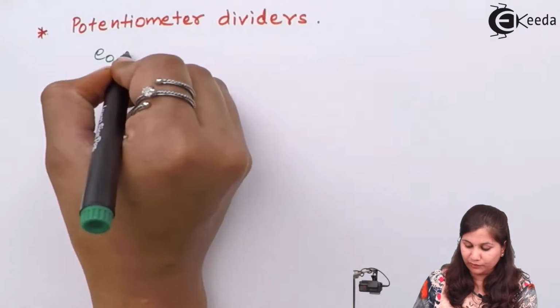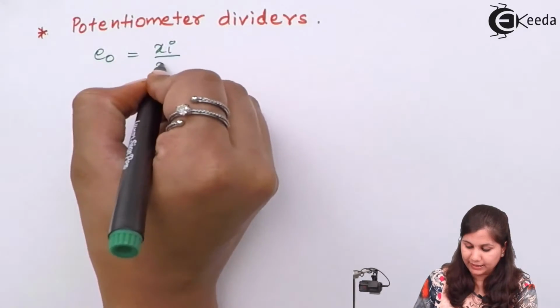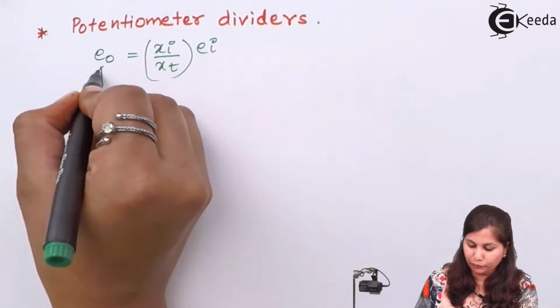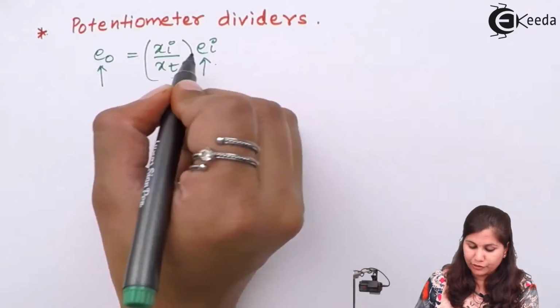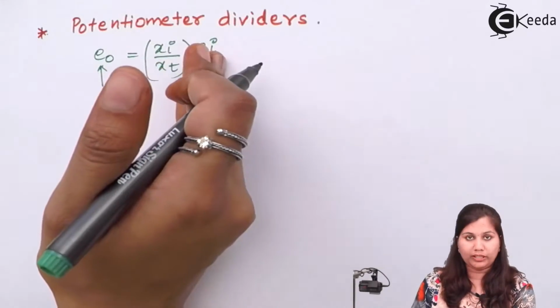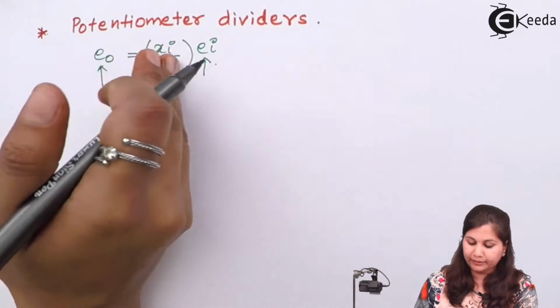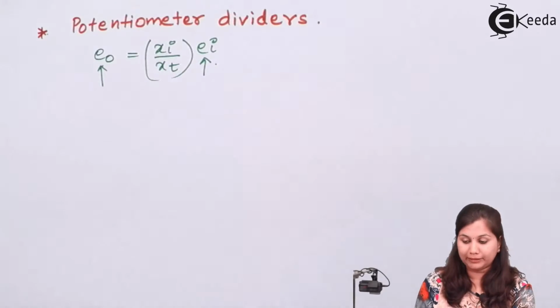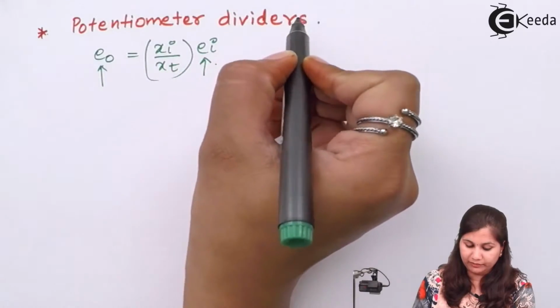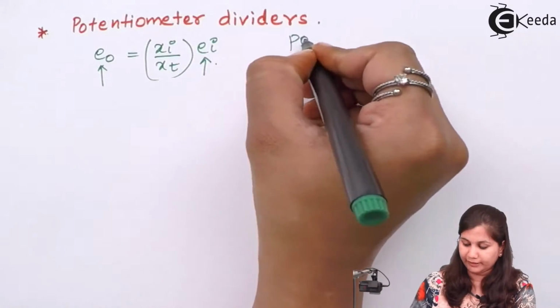The equation which we were getting was xi by xt into Ei. So you can see that the output voltage is a fraction of the input voltage. Also you can say that the input voltage is divided by the potentiometer circuit. So that is why they are known as the potentiometer dividers or the potential dividers.